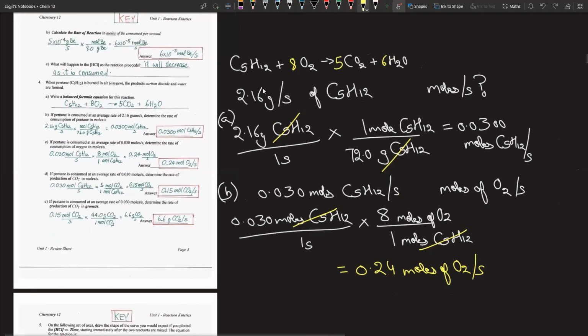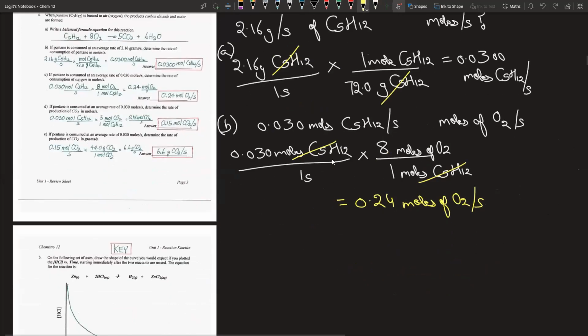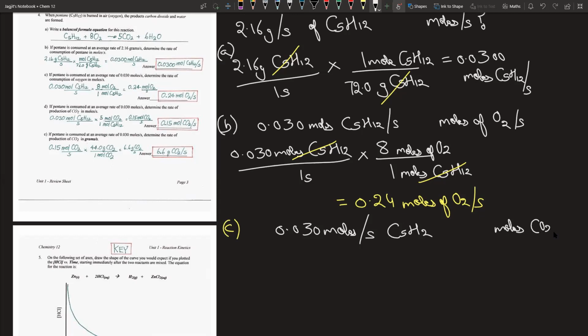Okay. So in the C part, they've given you another reaction rate of pentane. They said it's 0.030, same as the previous one actually. You're burning these many moles per second of pentane, which is C5H12, and they want you to express it in terms of moles of CO2 per second.